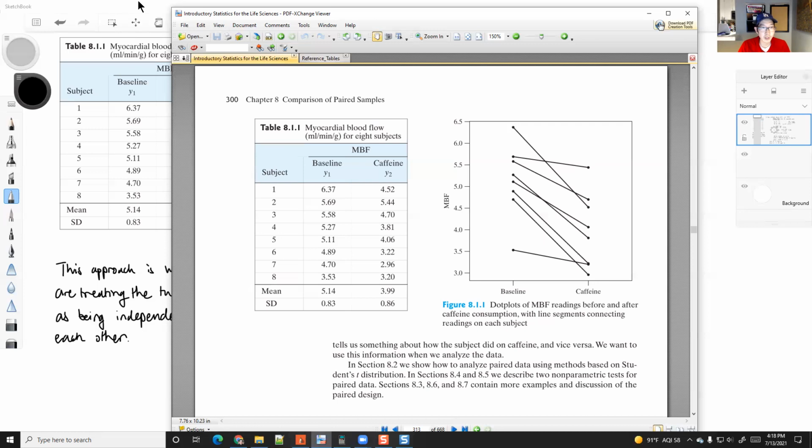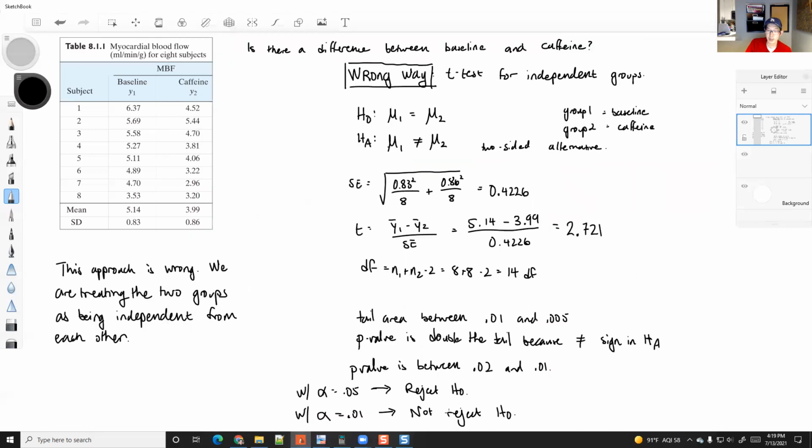So we got a significant value, and we would still reject the null hypothesis at the 5% level, but if we want to be more cautious, we wouldn't reject at the 1% level. But that's the wrong approach, okay?